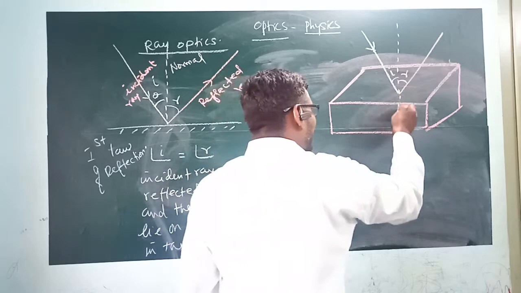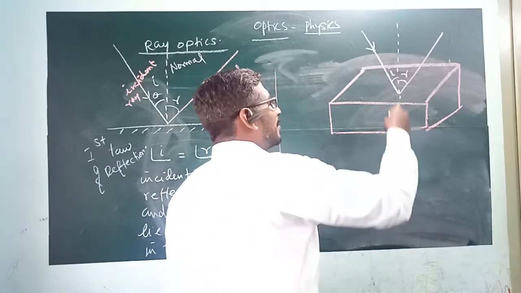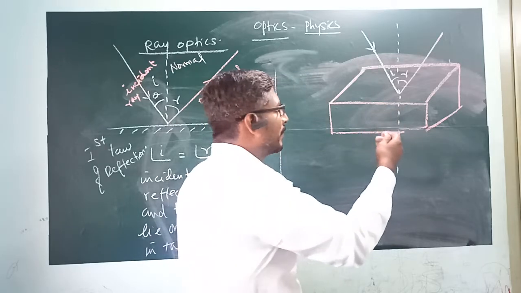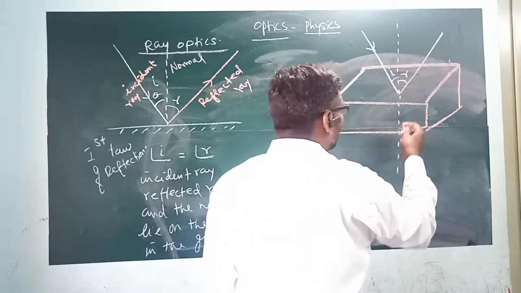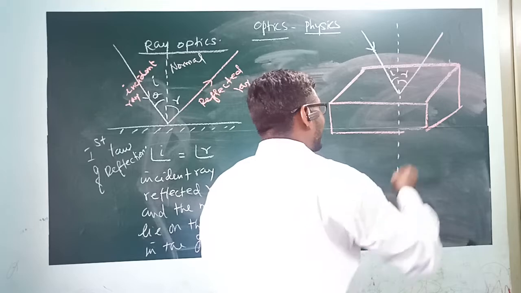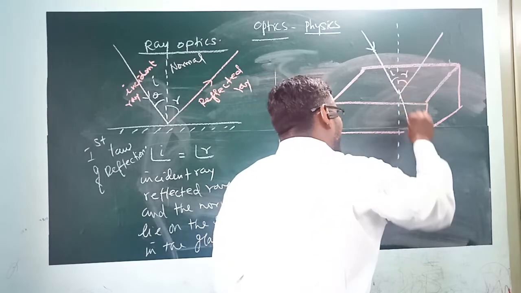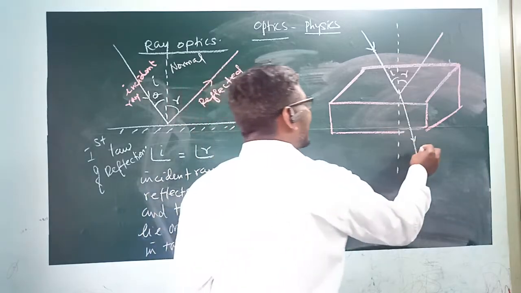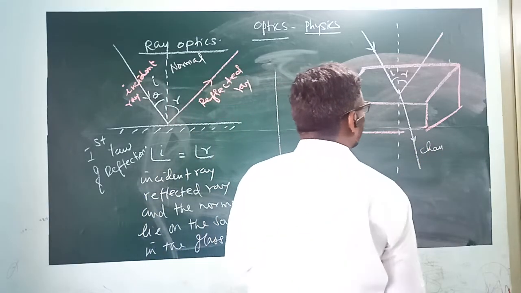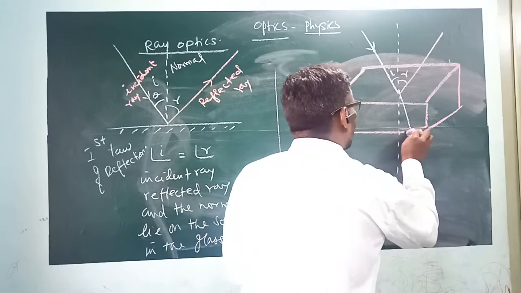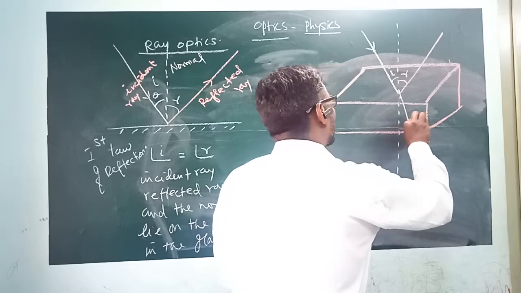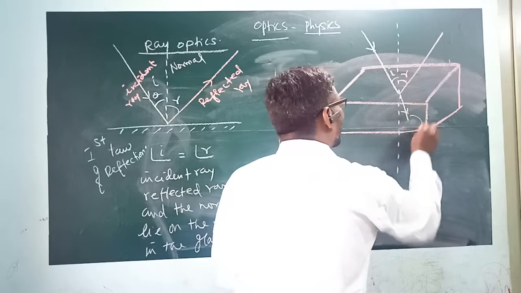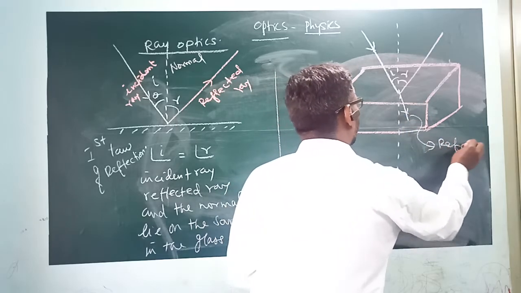Because of the medium, what happens? Some of the light is partially reflected, and some of the other light rays get refracted. So there is a change in direction. This is another medium. This is my refracted ray.